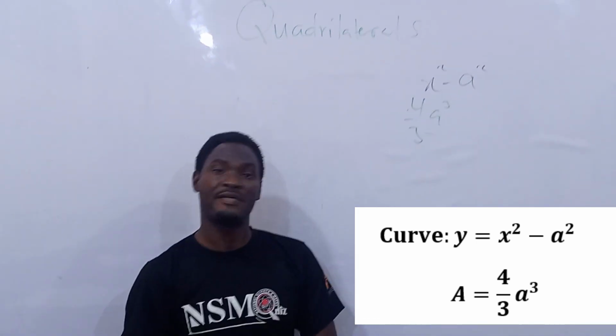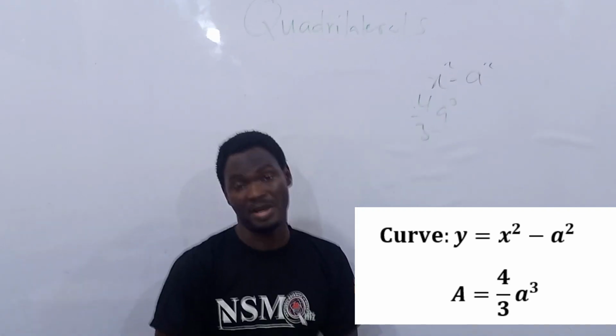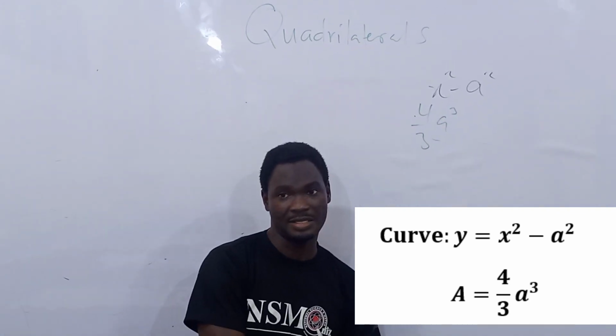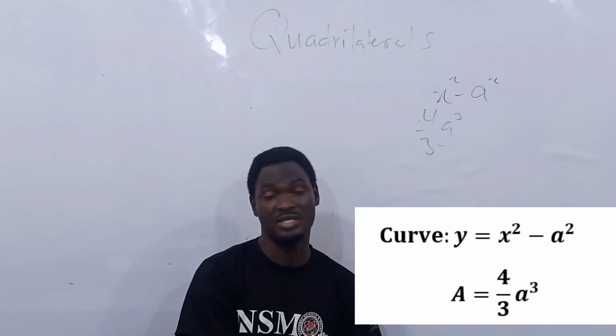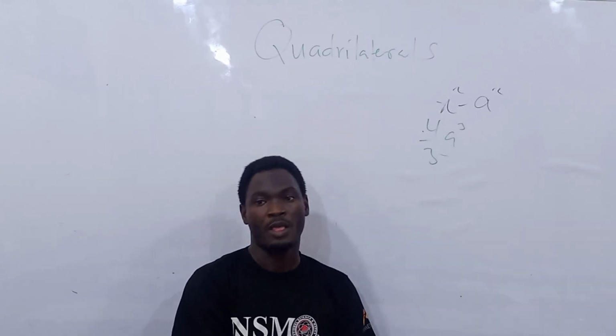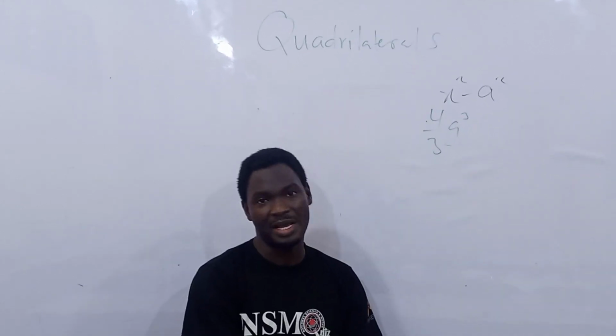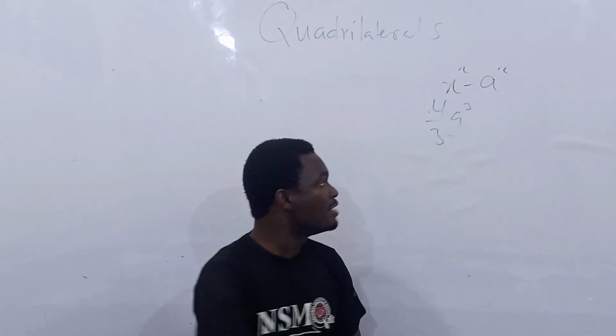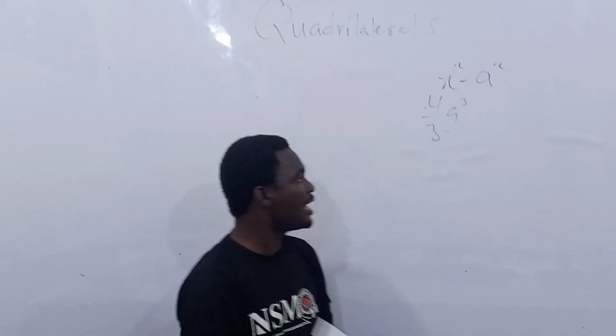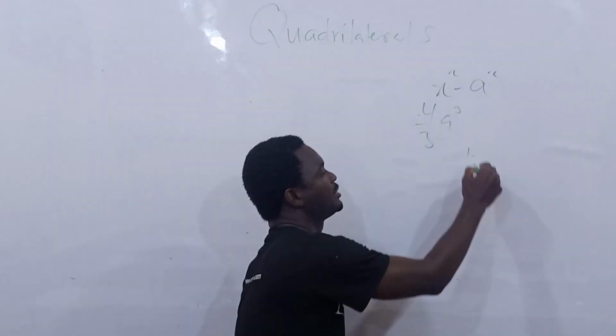For that matter, the area bounded by the curve x squared minus 4 and the x-axis is 32 on 3 squared units.